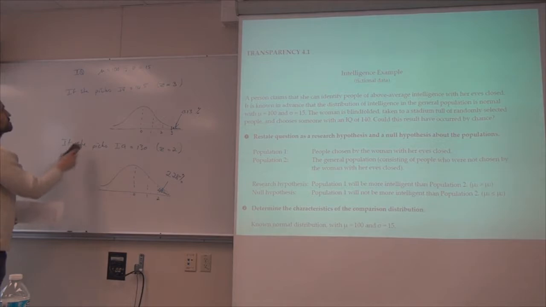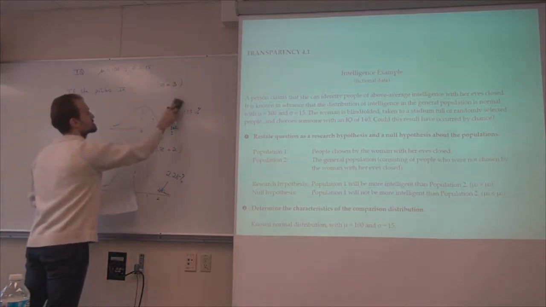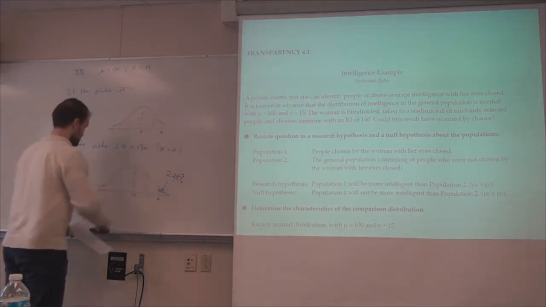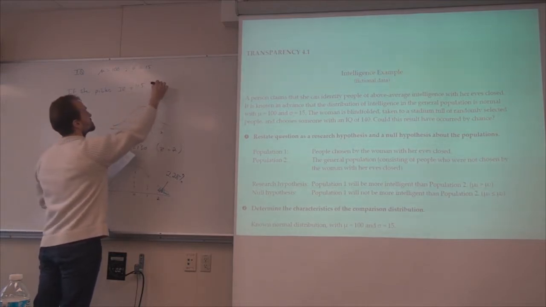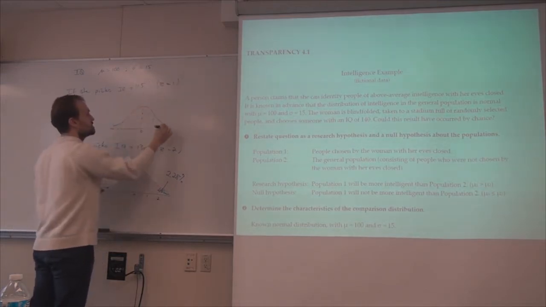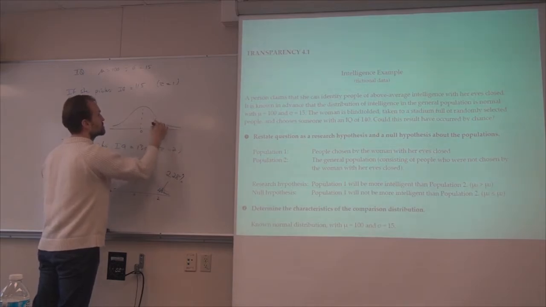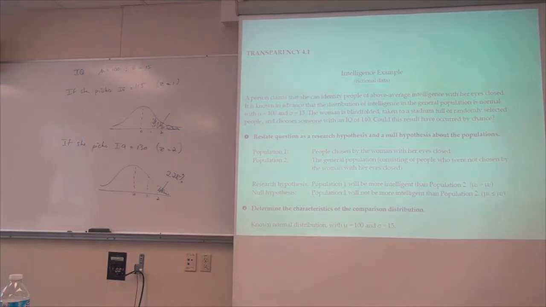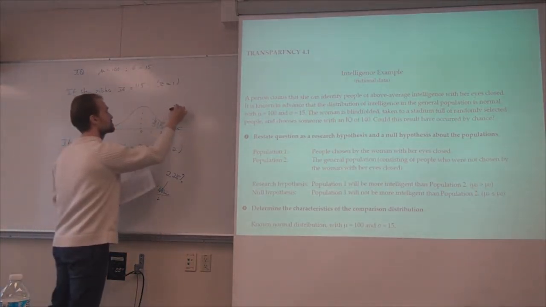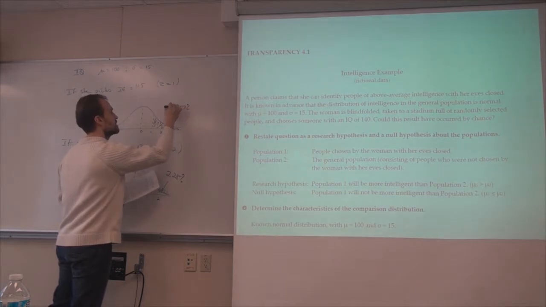I'll do one more. If she picks an IQ of 115, that's a Z value of 1, that puts me over here, and the probability of Z equal to 1 is 15.87%.